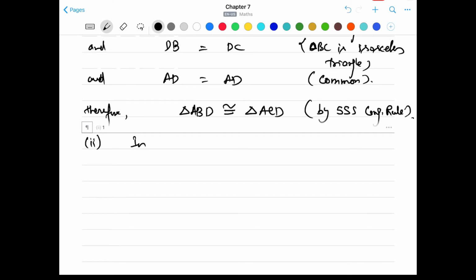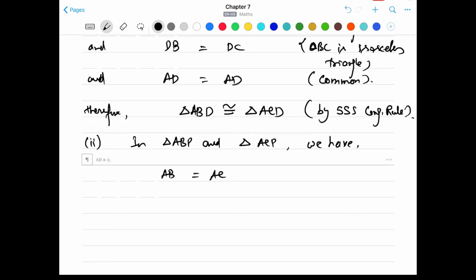In triangle ABP and triangle ACP, we have this side AB equals AC.